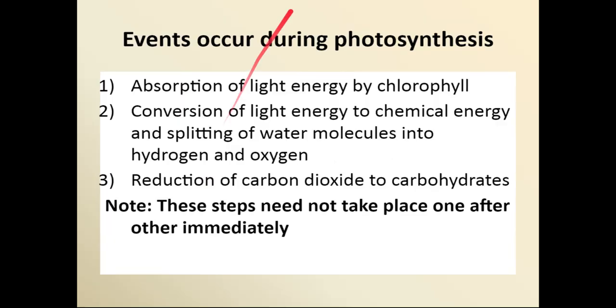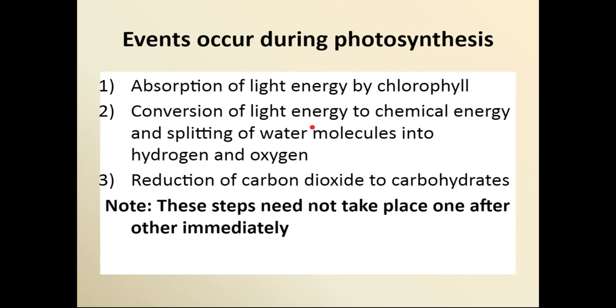Now, events that occur during photosynthesis. Absorption of light energy by chlorophyll. This is a very, very important step. Without this step, the rest of the steps will be held up. The light energy is trapped by the chlorophyll molecule. Then there is the conversion of light energy to chemical energy, and then splitting of the water molecule.